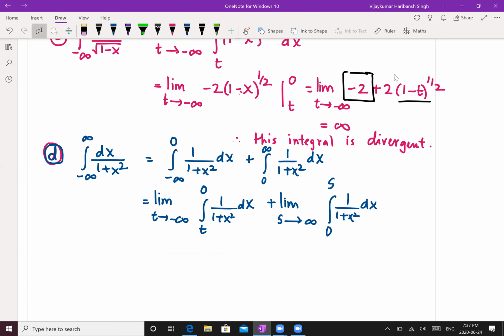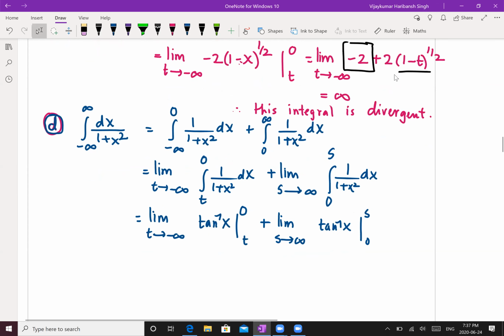Now what is the integral of 1 upon 1 plus x squared? That is tan inverse of x. So we get the limit as t goes to negative infinity of tan inverse of x from t to 0, plus the limit as s goes to infinity of tan inverse of x from 0 to s.